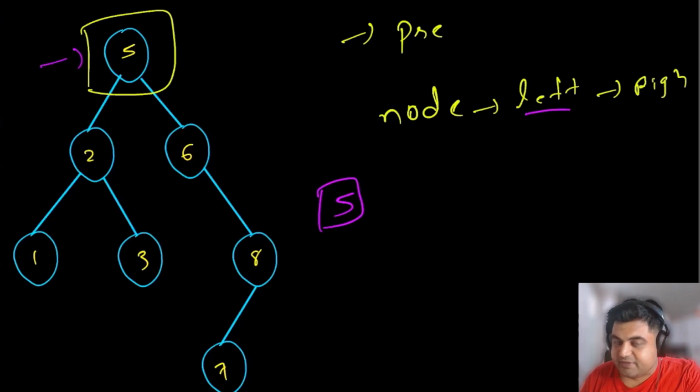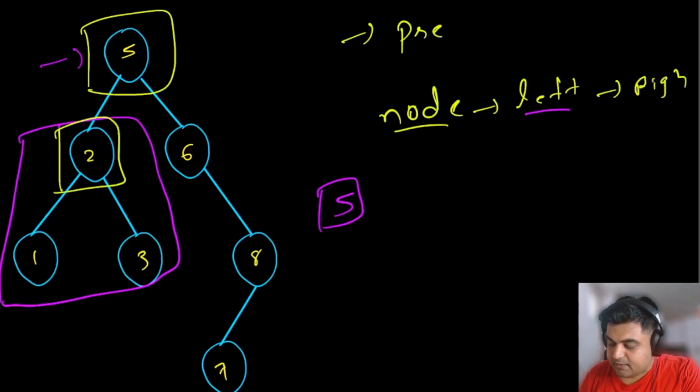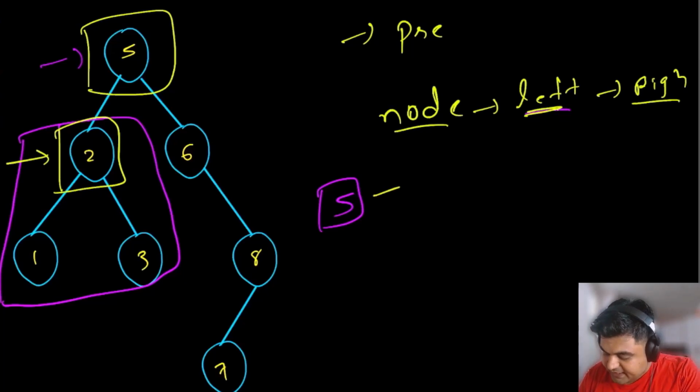Then we visit the left subtree if it exists, and the left subtree exists. This is the entire left subtree. Even for the left subtree, we repeat the same process: we visit the node first before visiting its left subtree and right subtree. So in the left subtree, the next node we visit is node number 2.